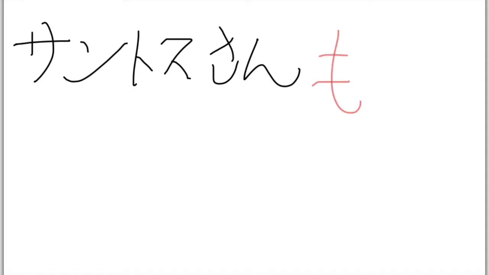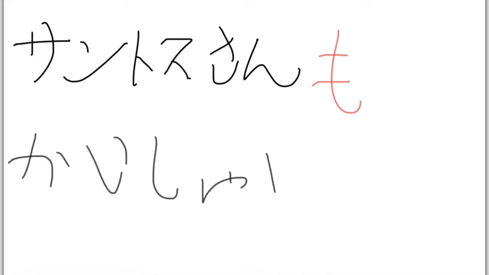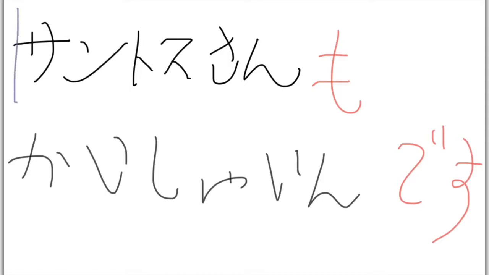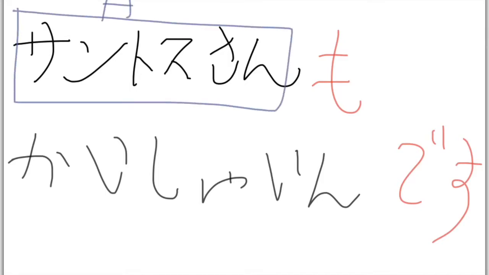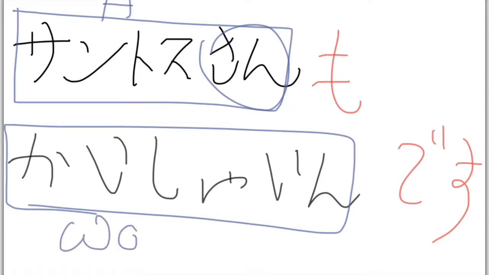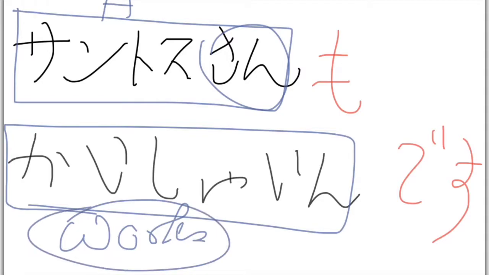And next, let's move on to the fourth sentence. It is Santos-san mo kaishain desu. Santos-san is the name of a person, and kaishain desu means he works in an office. Now mo is a bit different.